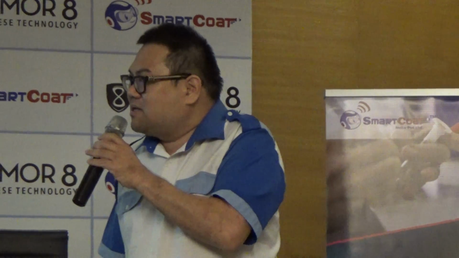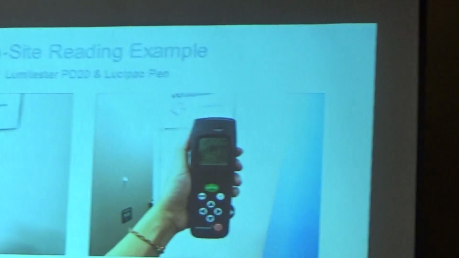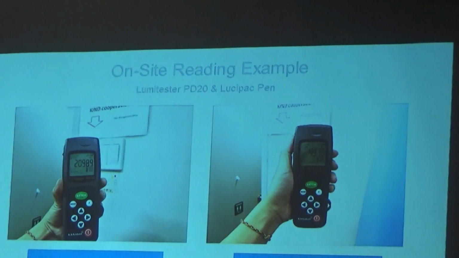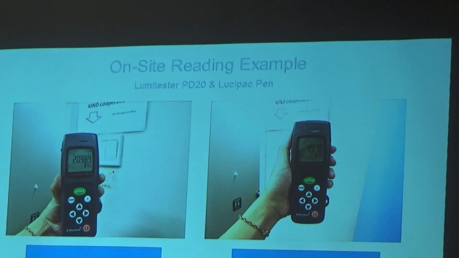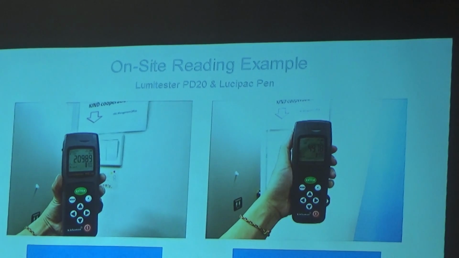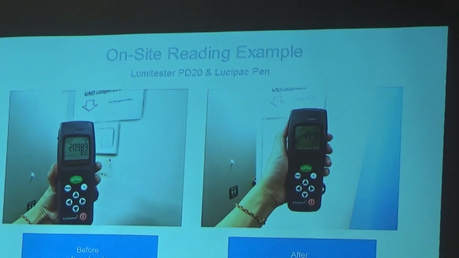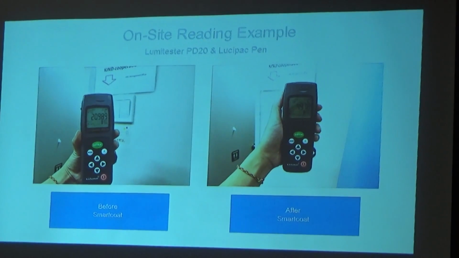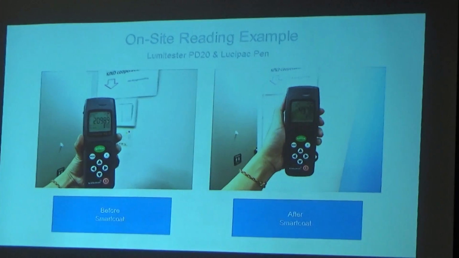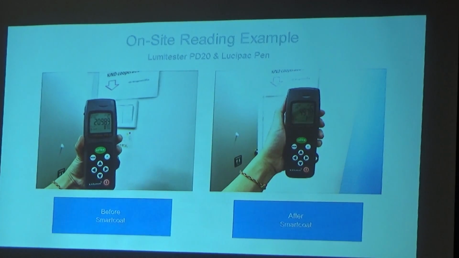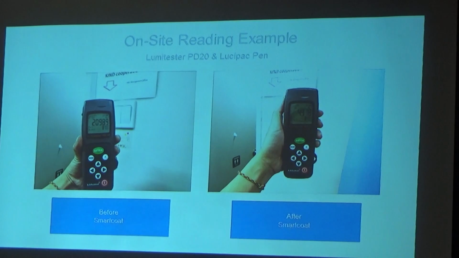Here are some examples. I think this is a kindergarten or something. Before SmartCoat application, we do a swab. 20,989 is the count. According to this machine, for a surface to be considered clean, it should be 2,000 and below.